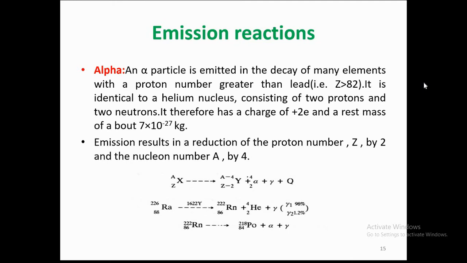And the other component that should be conserved is energy and charge. Because in the daughter we are losing 2 protons, the alpha particle has positive 2 charge.